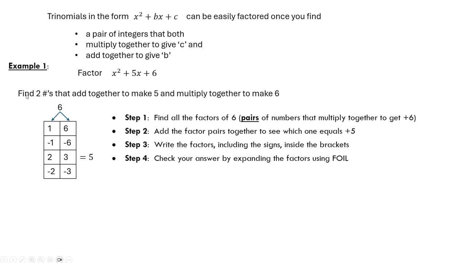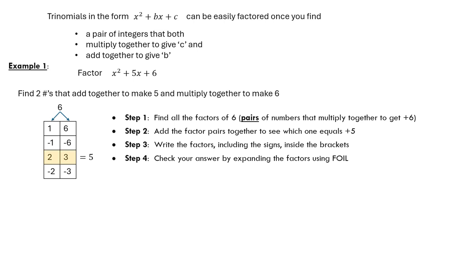If we take all the factors of 6: 1 and 6, negative 1 and 6, 2 and 3, negative 2 and 3, all of these pairs will multiply together to be 6. We're looking for the pair that will also add up to the number 5.